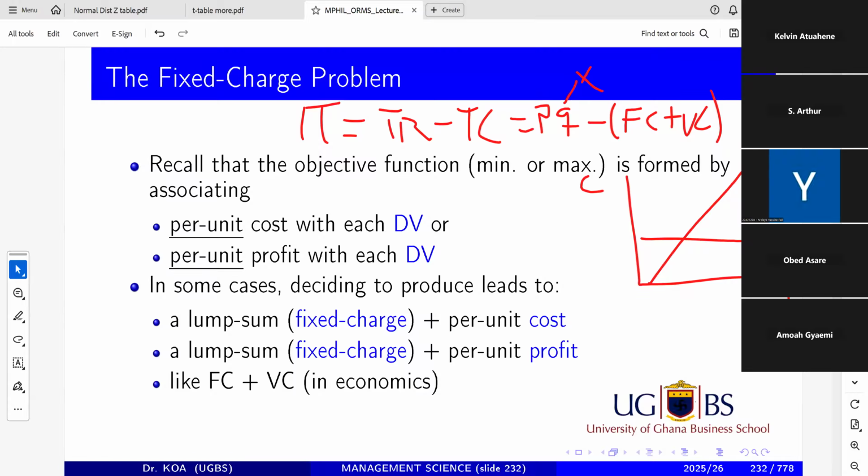Salaries of permanent workers. Salaries of permanent workers. Let's hold on to that one. It's an easy one that I want.